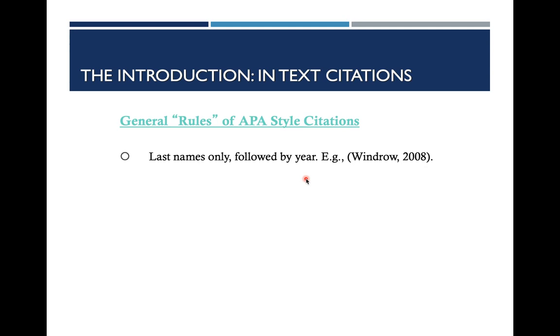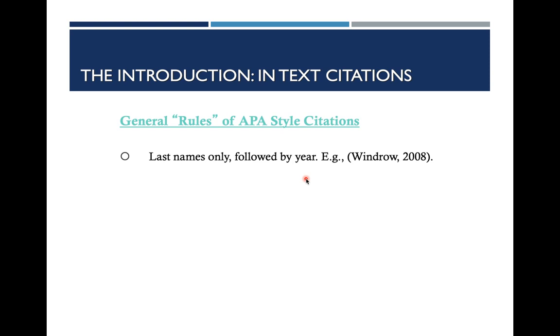So, for example, people remember information more accurately after a good night of sleep. Windrow 2008 would then get tacked on to the end of that sentence. My sentence is a description of Windrow's finding from 2008.